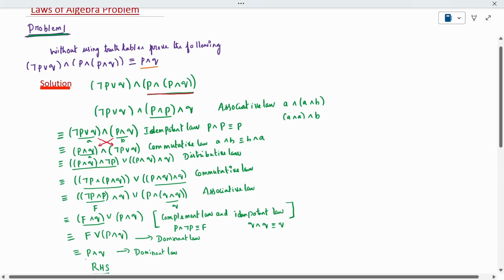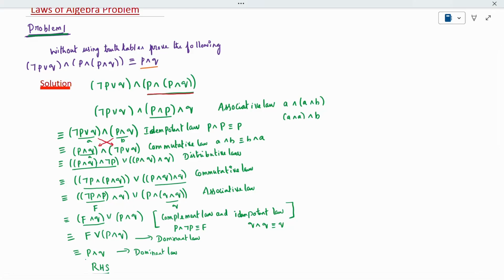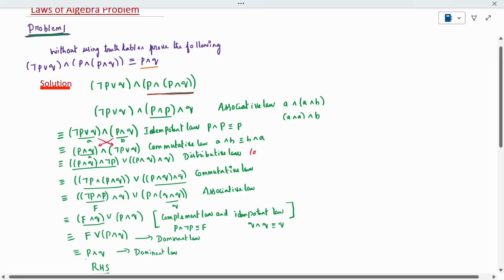Next step, I'm going to apply the distributive law. What is the distributive law? For example, when I have A conjunction B with some C, I can write it as A conjunction C, again conjunction, B conjunction C. This is one way.